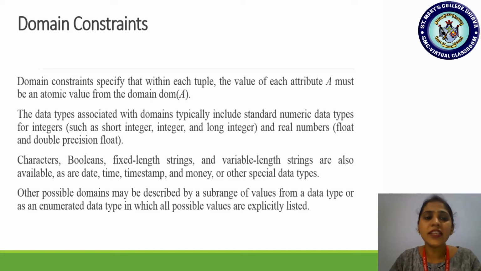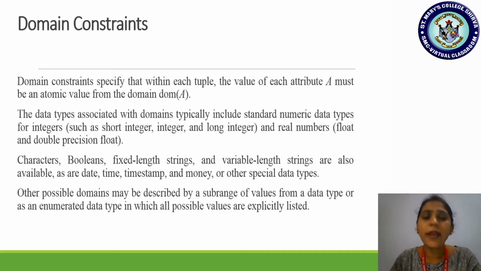Yes, domain constraints specify that within each tuple, the value of each attribute A must be an atomic value from the domain A. That is, whichever tuple you visit, in whichever row you go, the value you find in each attribute, that is each cell. For example, a student SSN is 153.